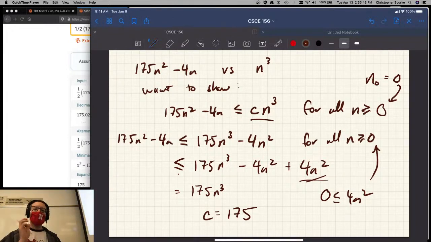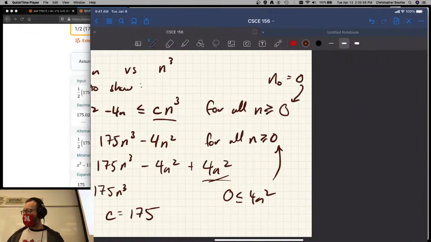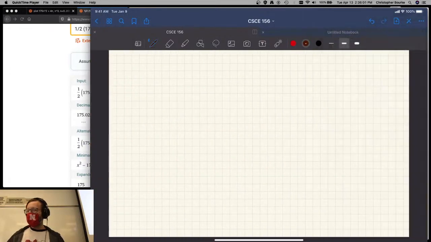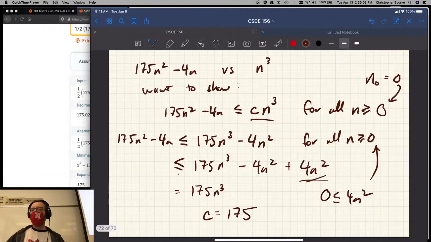So those are two ways of showing a proof. Hopefully you'll agree with me that this second way is way easier. It's just algebraic tricks. What if I had made this plus?